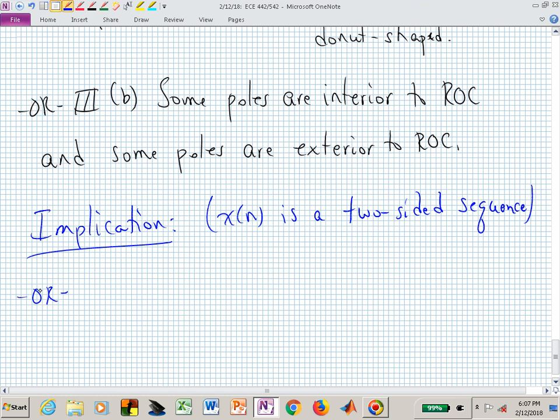Or the sequence, little x of n, is non-zero for n greater than or equal to 0 and n less than 0.